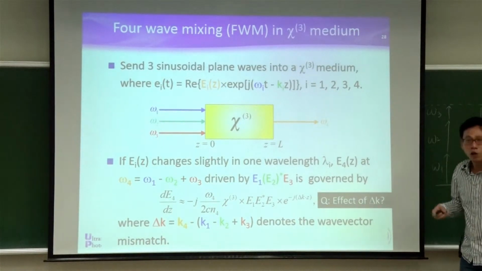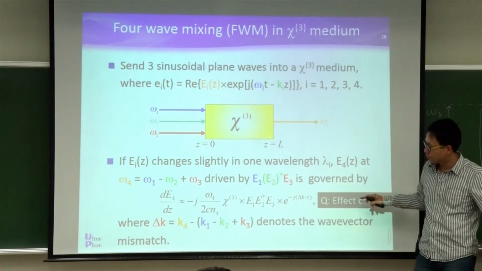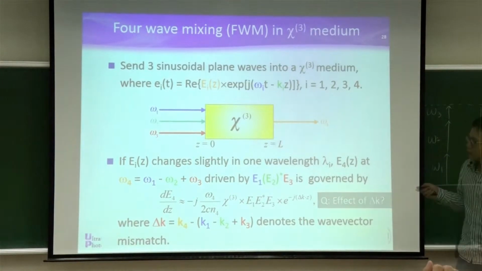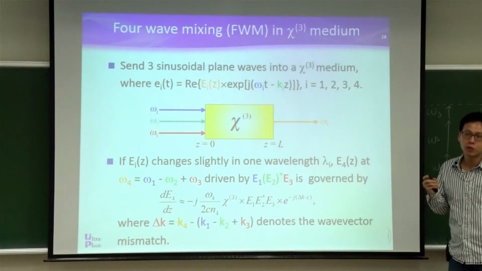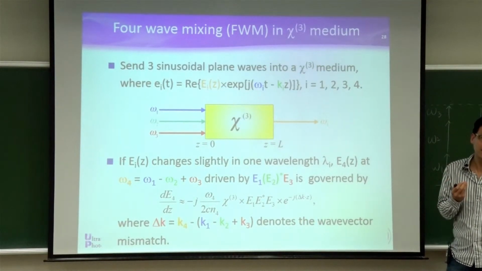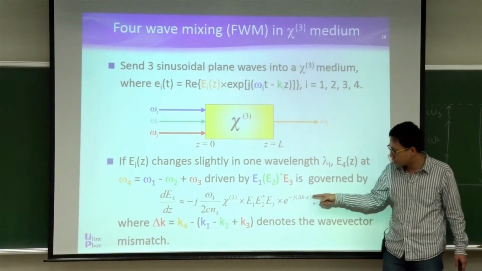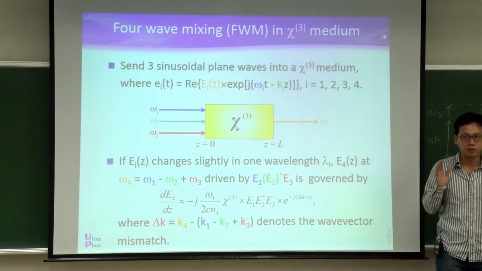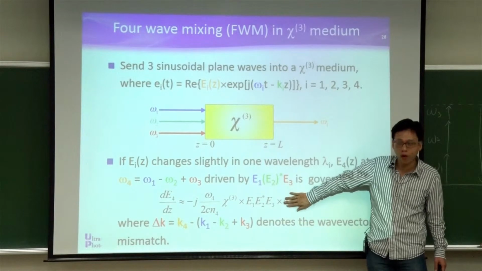One question. What is the importance of delta K if you look at this governing differential equation? If you want to maximize E4, the amplitude of the output field, you prefer 0 delta K. So let's check what happens if delta K is truly 0. If delta K is truly 0, this term can be dropped, right? It's equal to 1.